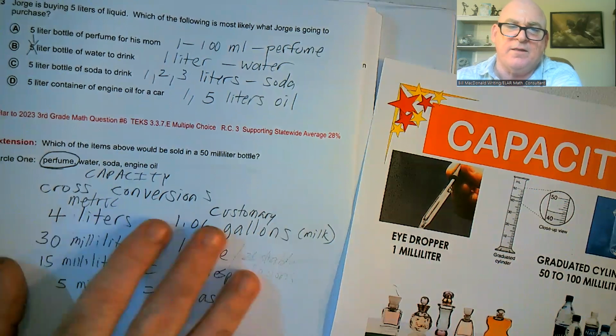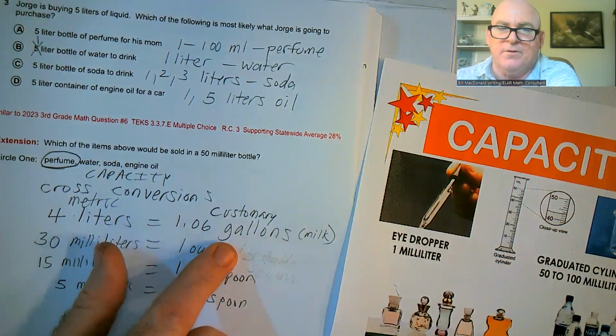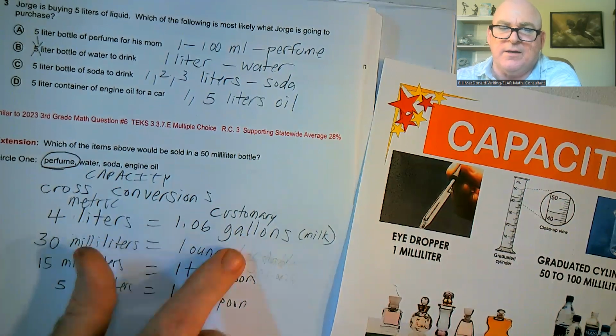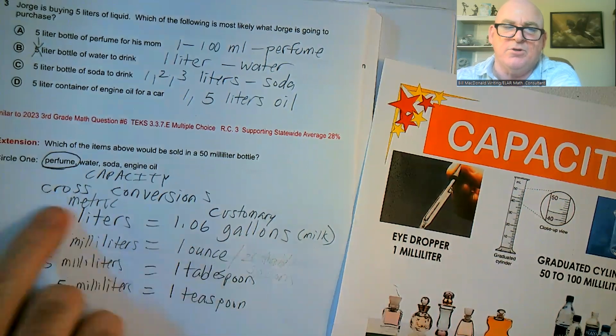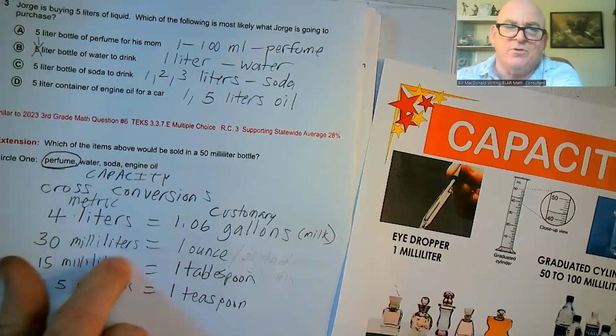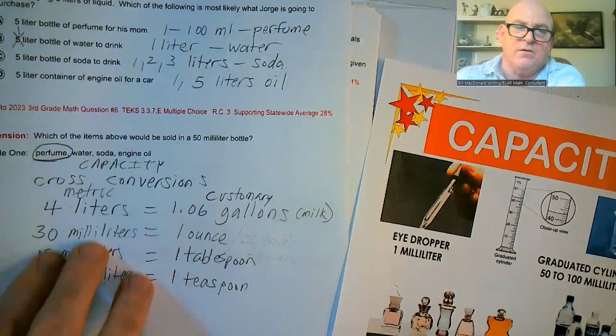Because a picture paints 1,000 words, and I only need one picture of each of these: a gallon, an ounce, a tablespoon, and a teaspoon, to be able to cross-reference or do a cross conversion for some of these here.